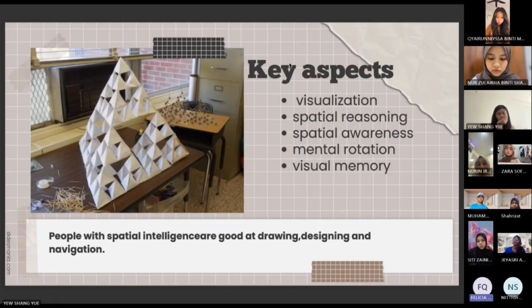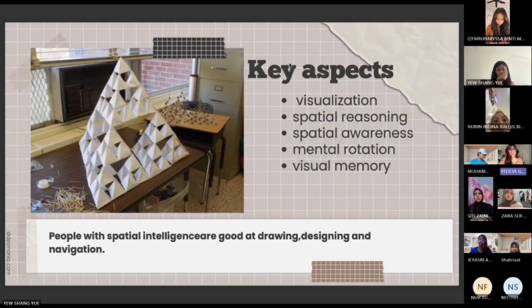So, the key aspects of spatial intelligence include visualization, imagining objects and how they look from different angles, spatial reasoning, solving problems involving space and form, spatial awareness, understanding your position in space and the position of objects around you, mental rotation, rotating images or objects in the mind, and visual memory, remembering what you have seen and recalling spatial details.